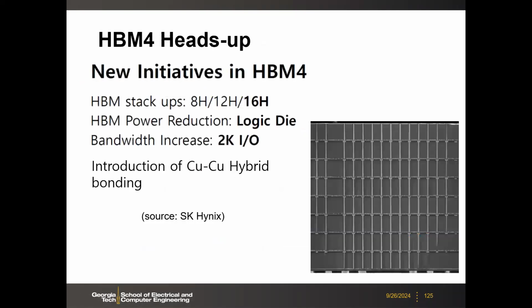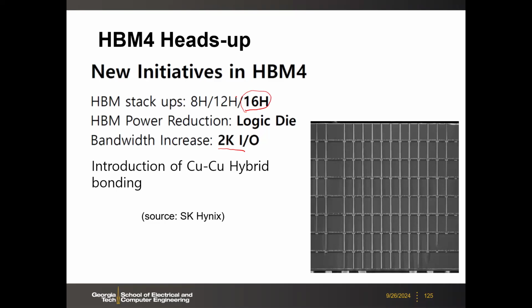So yeah, this is the future generation HBM4. As I said, they are going to increase the I/O to 2048 bits, and also they are going to integrate 16 high, which means 16 2D DRAM dies.